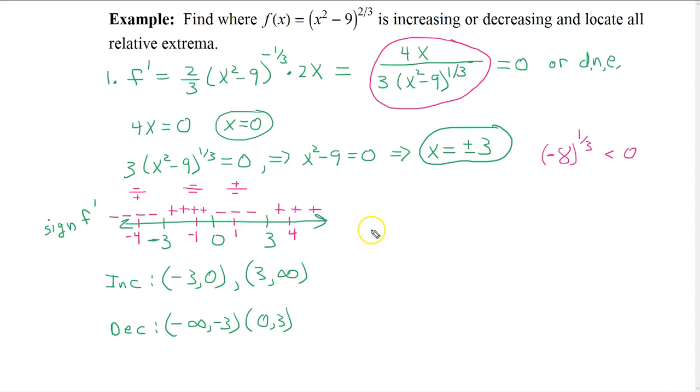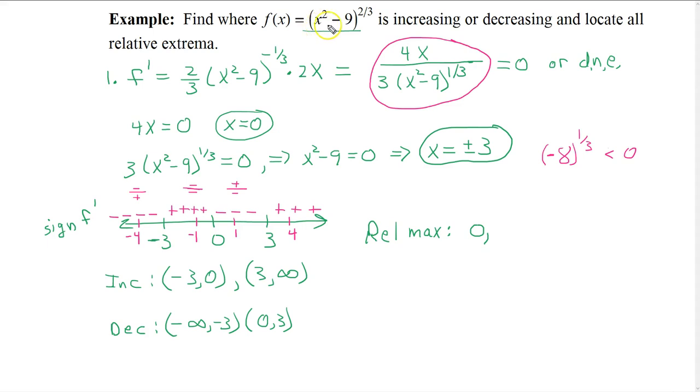Now let's identify relative extrema. So we see that we have a relative maximum. Let's see, relative maximum, that's going to be at 0, right? Because our function is increasing and then decreasing right at 0. So 0. And if we put 0 in, now we have to be careful, we put 0 into the original function up here.